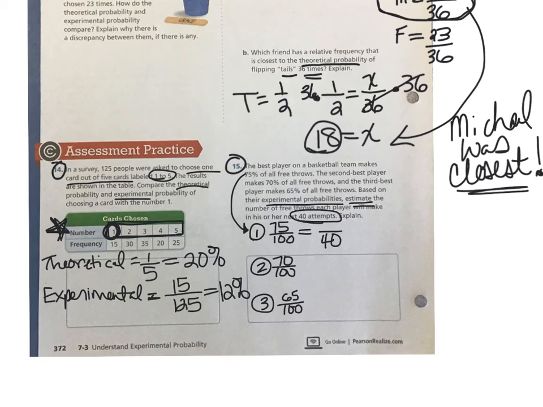In other words, I want to know how many would player 1 make out of 40, how many would this be for player 2 out of 40, and how many for player 3 out of 40. So in other words, to solve each of these proportions, I would need to take 40 and multiply both sides of the proportion by that number.